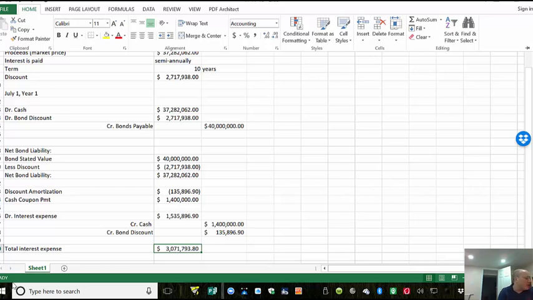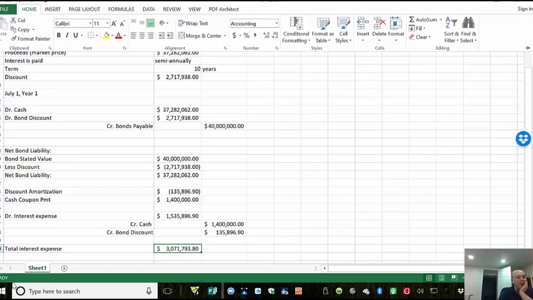Now, part 4 of the question asks, will the bond proceeds always be less than the face amount of the bonds when the contract rate is less than the market rate of interest? The answer to that is yes, except at the very end, right? In the very end of the bond maturity, what you do is you amortize discount to 0 in the end of year 10.